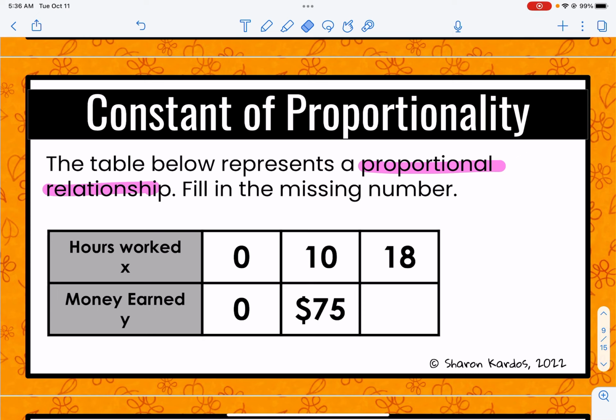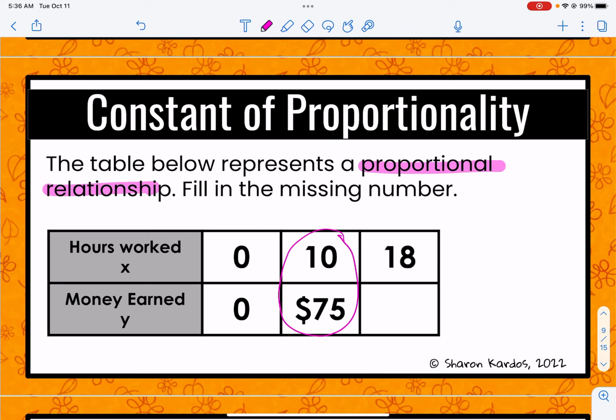The first thing I'm going to do is find my constant of proportionality, and I'm going to do that by dividing the y divided by x. Now, I can't use 0, 0, because if I try to divide by 0 on my calculator, it's going to say I have an error, because you can't divide by 0. So I can't choose that one, but I can choose this point right here to find my constant of proportionality.